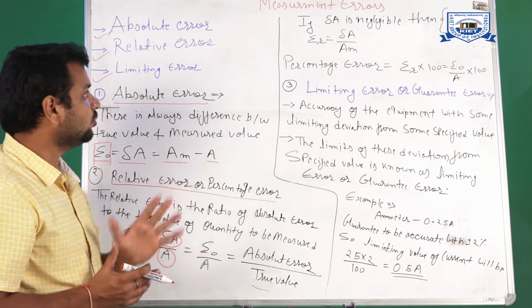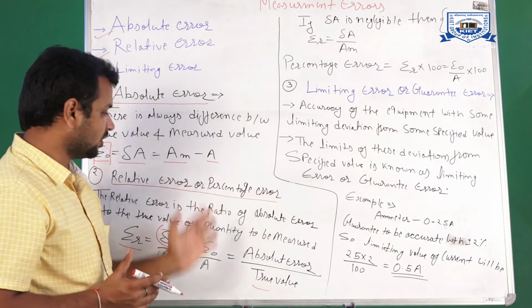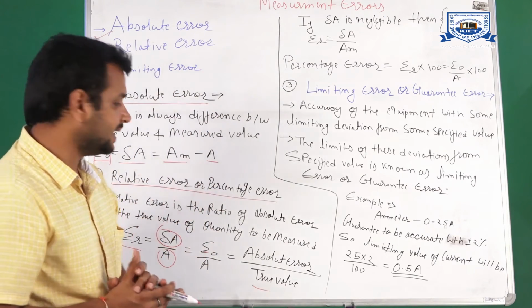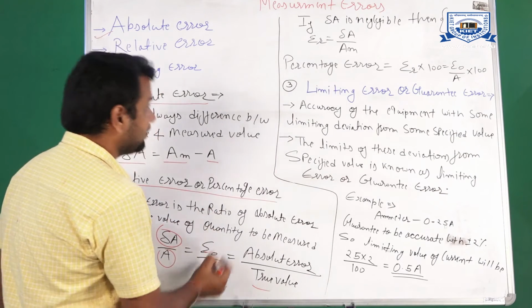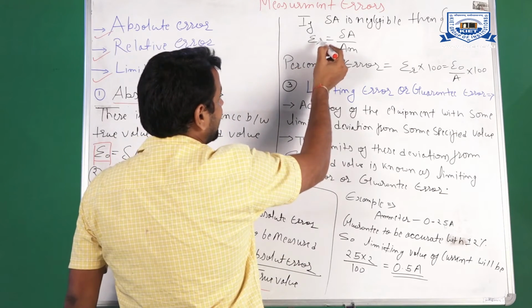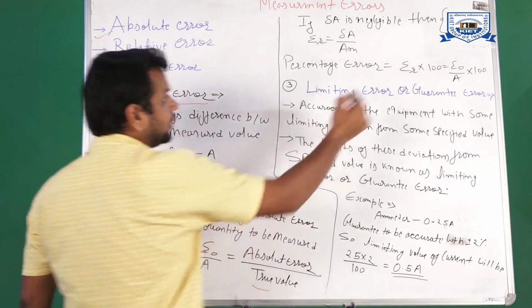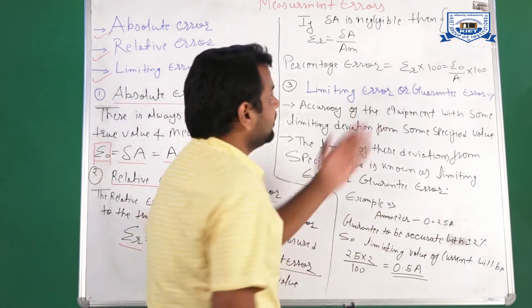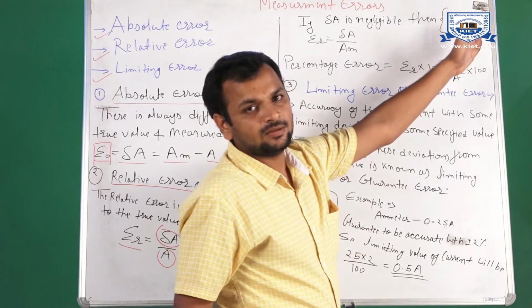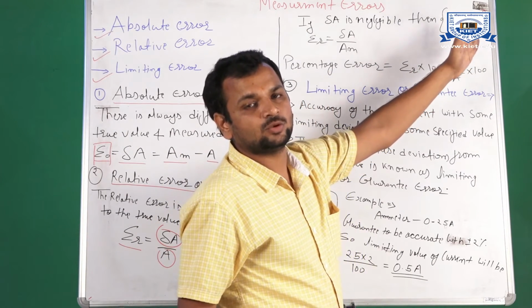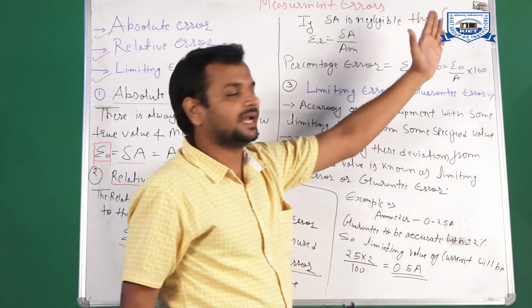So what is the value of relative error in that case? Relative error can be represented by epsilon r equal to del A by AM, because A is equivalent to AM, as the difference of these two is zero or negligible.